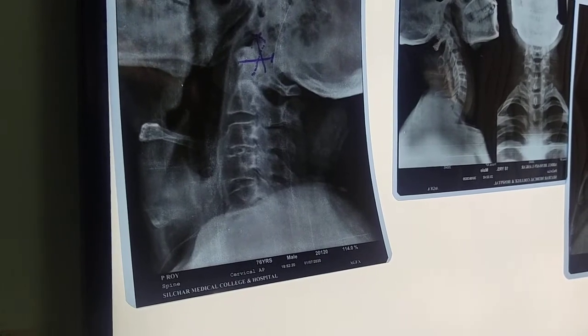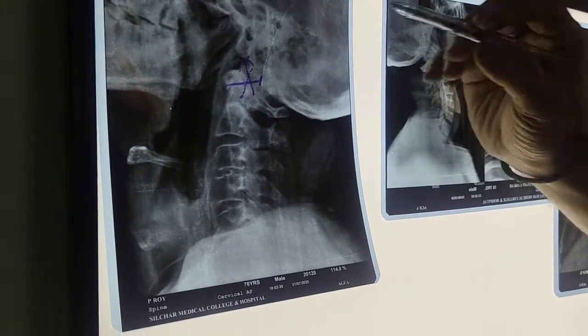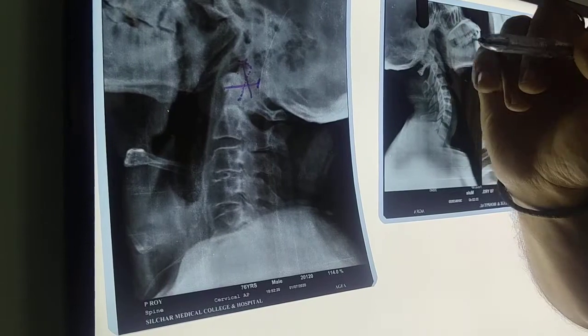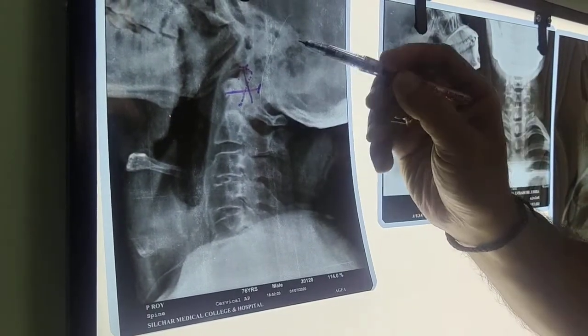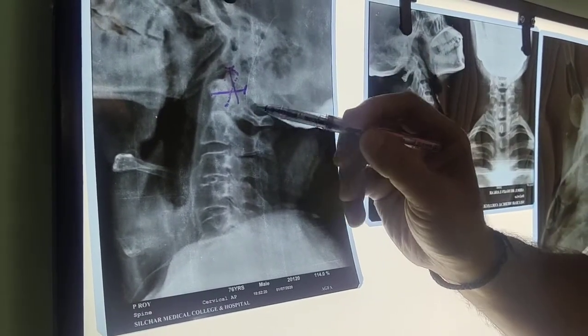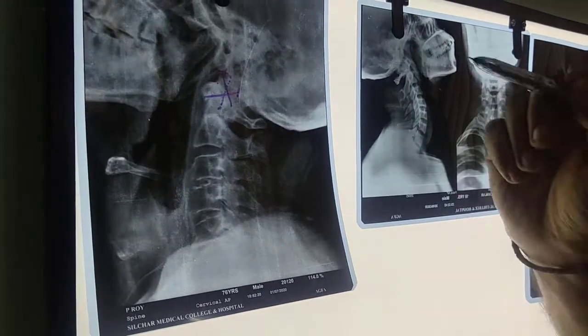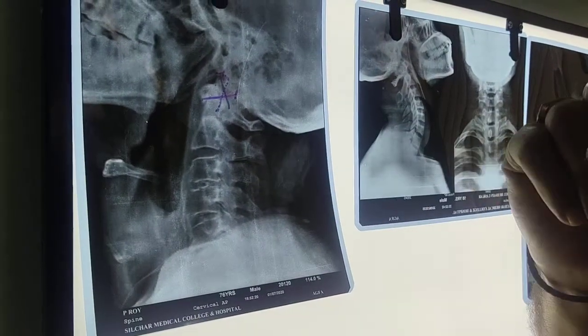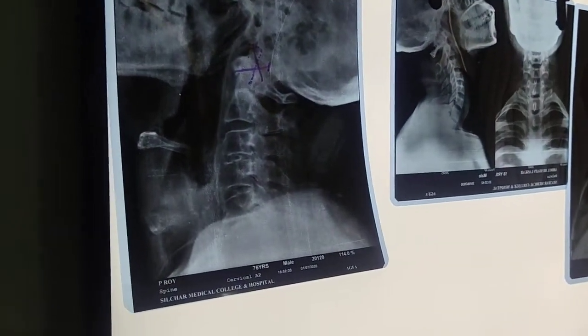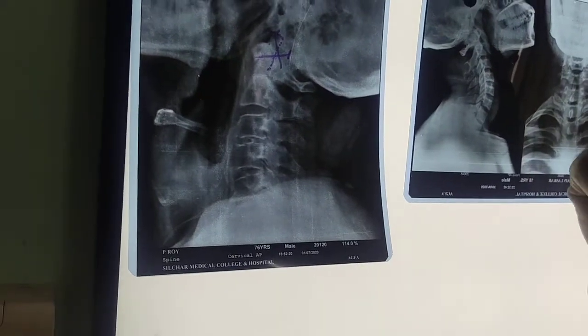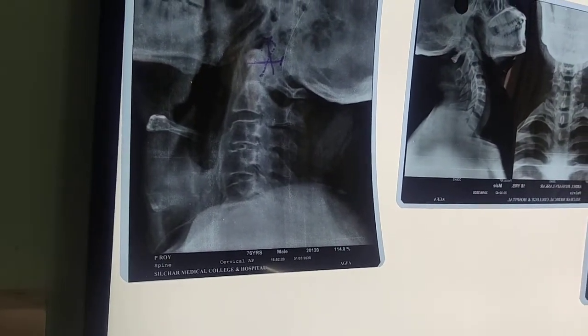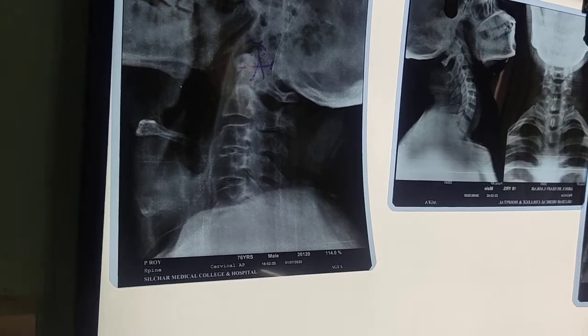Now, why are you interested here? I told you that instead of going for direct evidence in this area, we take the help of indirect evidence. These indirect evidences are basically different lines and ratios. What I am going to talk about is the Powers ratio.